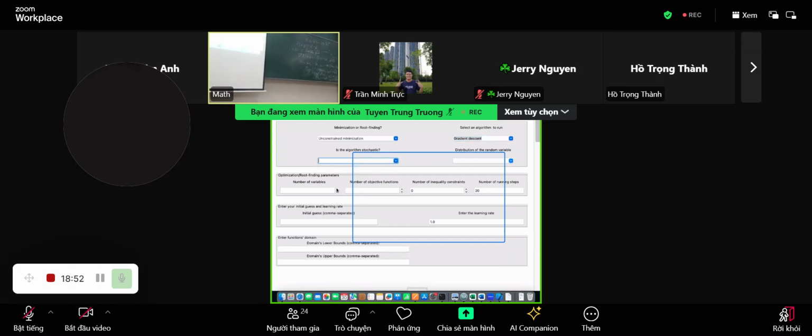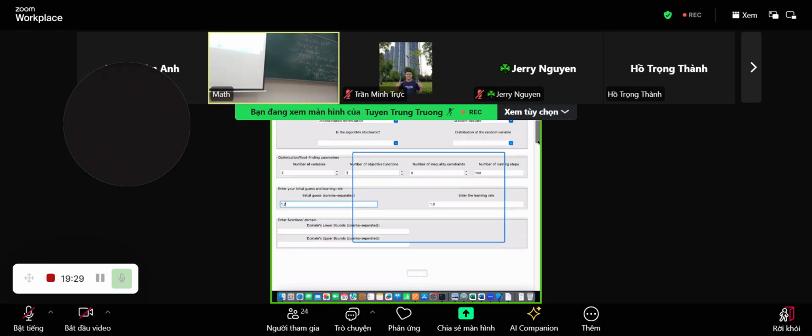The number of variables is 2, and the number of objective functions is 1. For unconstrained minimization, maybe you only need to run about 100 steps; for stochastic, you might need more. Now I just do one initial guess: x equals 1 and y equals 2. I don't have any constraints, so I leave that.